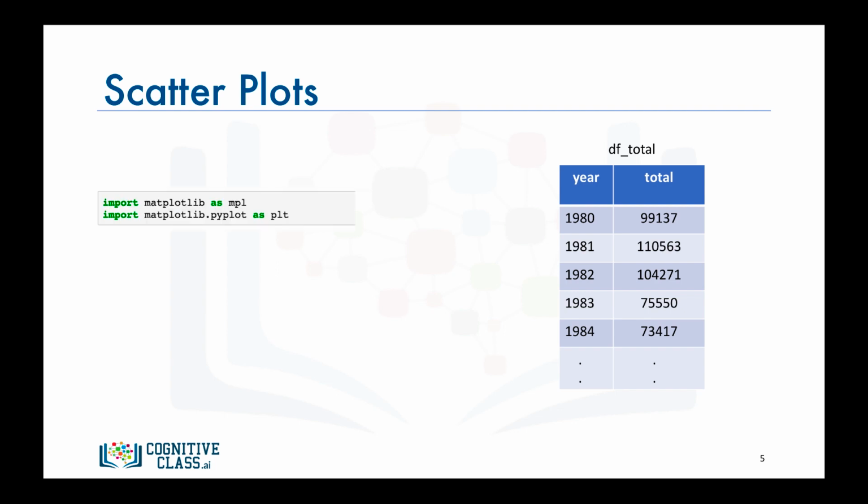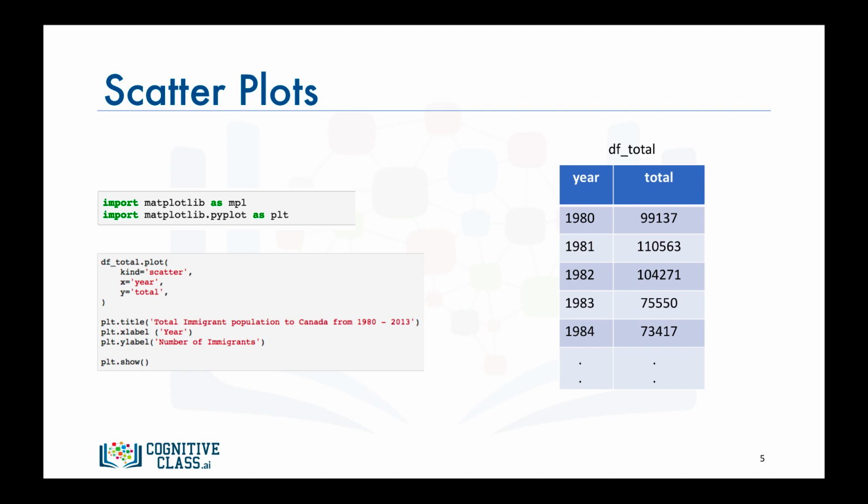We import matplotlib as MPL and its scripting layer, the pyplot interface, as PLT. Then we call the plot function on the data frame df_total, and we set kind equals scatter to generate a scatter plot.